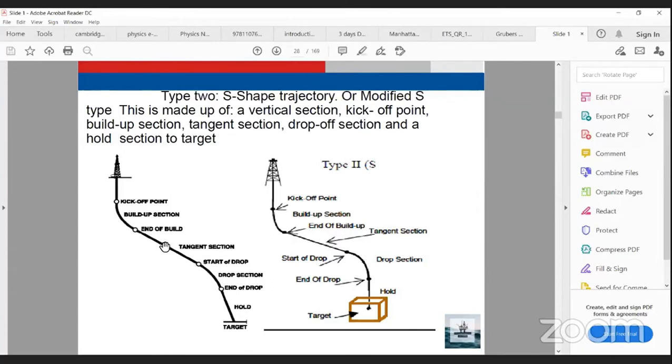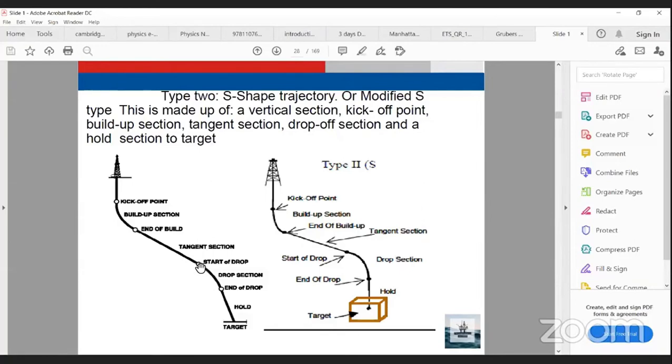What is new in the S shape section or type 2? We want a drop off section. The target is here. I cannot continue with the tangent section, I cannot keep the angle, because the target is below the well path. So I will decrease the angle. We call the decreasing of angle the drop off section.